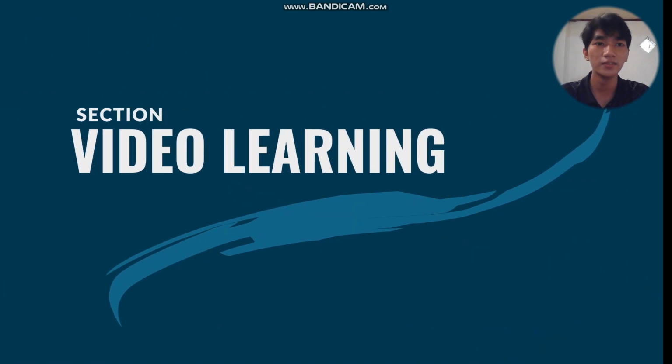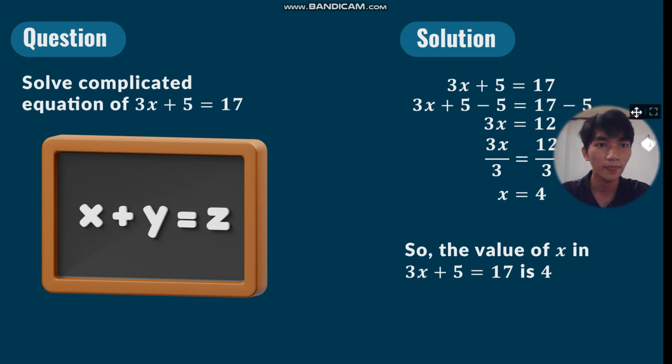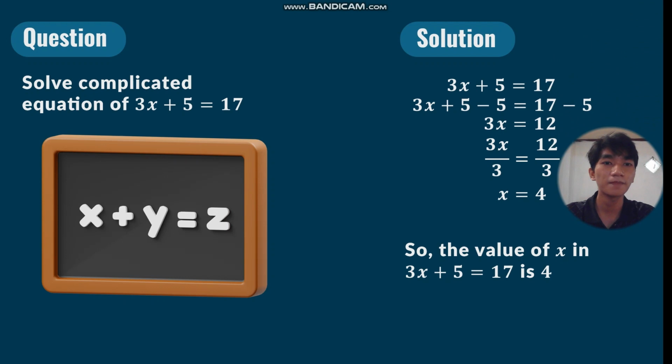Okay, the next section is video learning. It's an example from video learning. Okay, the first question: solve the equation 3x plus 5 equals 17. For the solution, we have 3x plus 5 equals 17. We subtract both sides by 5, and we have 3x plus 5 minus 5 equals 17 minus 5.